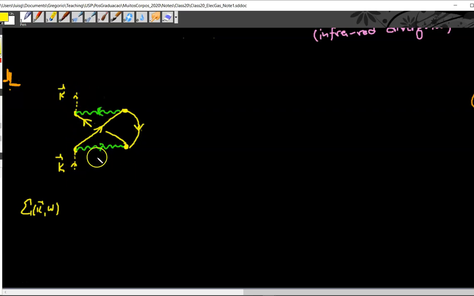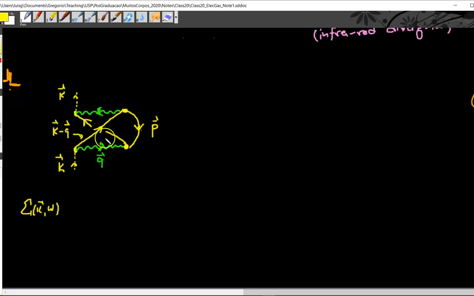So let's figure out what's going on at this vertex, for instance. I'm going to assign, as usual, a momentum q leaving here. So the momentum of this other line in this diagram would be k minus q. Then in this vertex, I have this incoming line, which has an internal momentum, I'm going to call it p.